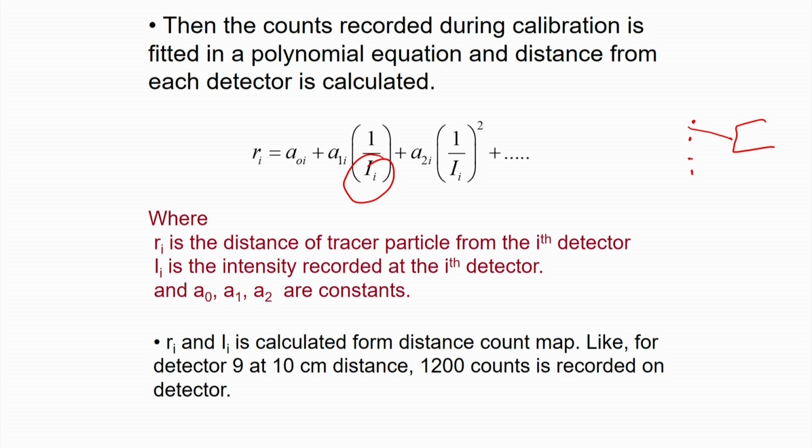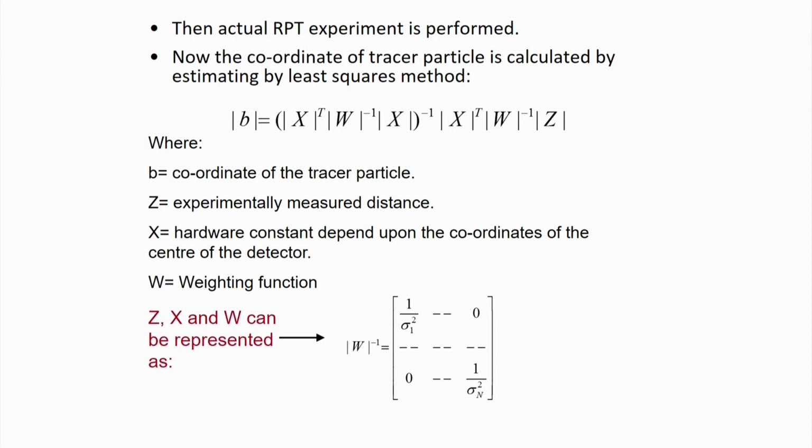So, for each detector we do this polynomial fitting, and then we start calculating the particle position. Now we solve the weighted least square problem. In this equation, B is nothing but the tracer particle coordinate.